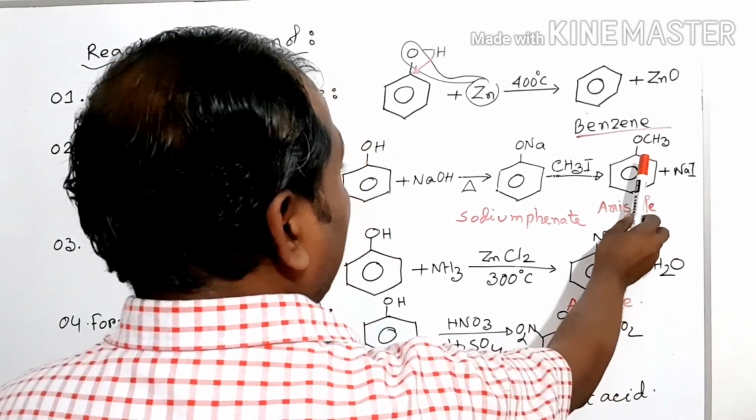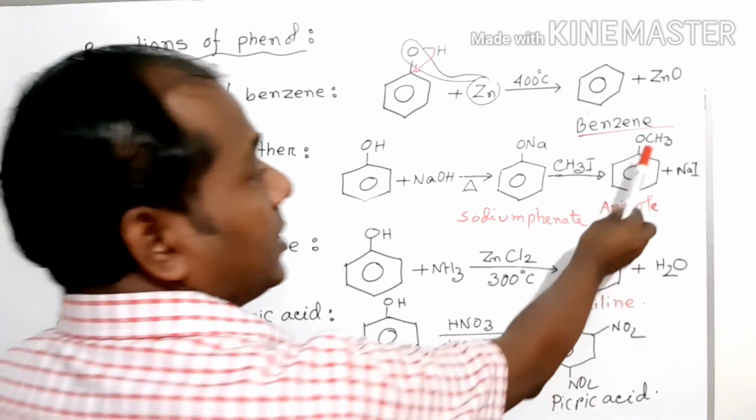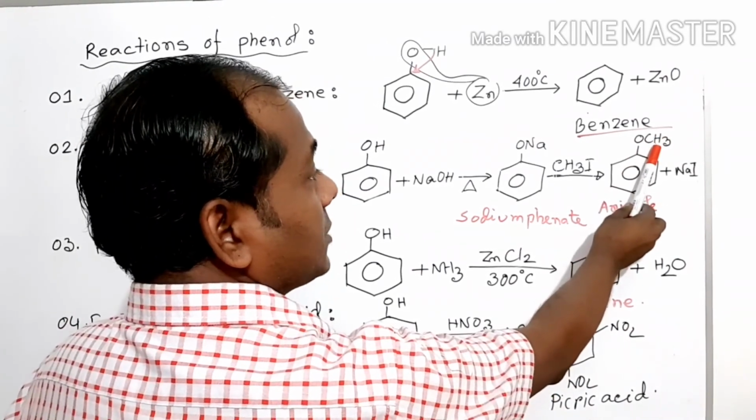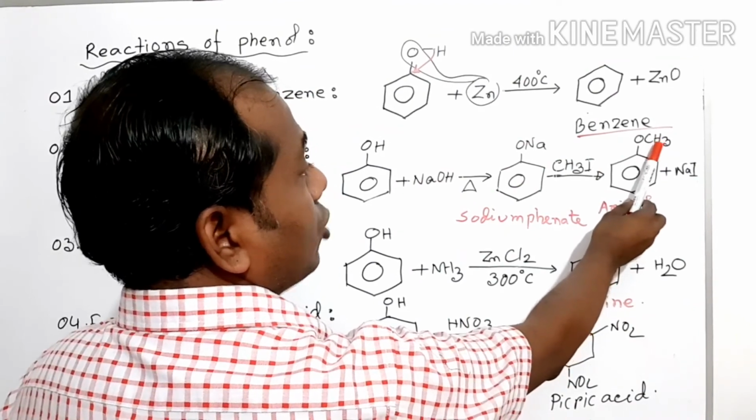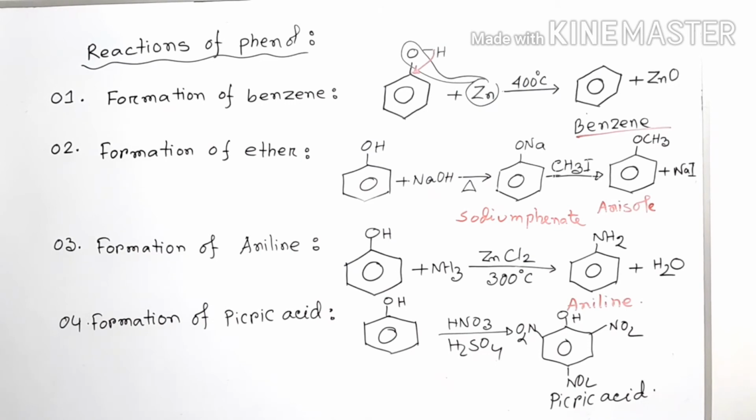This one is alkoxybenzene. This one is methoxybenzene. Here methyl group is present, that's why this one is methoxybenzene. This one is an ether.